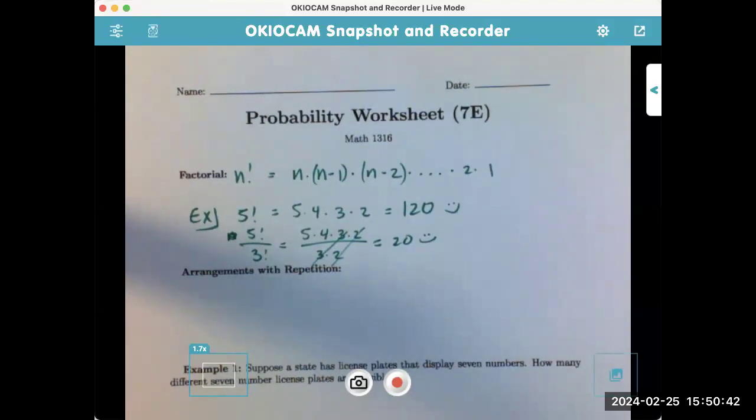All right. So here we're getting into more of the counting aspect of it. Arrangements with repetition. So basically like a password where you can have the number 5 however many times you want.